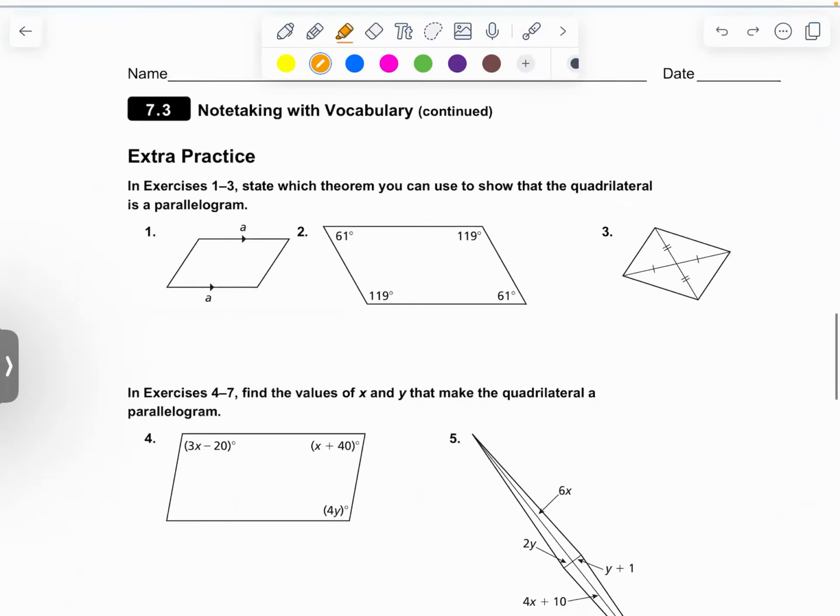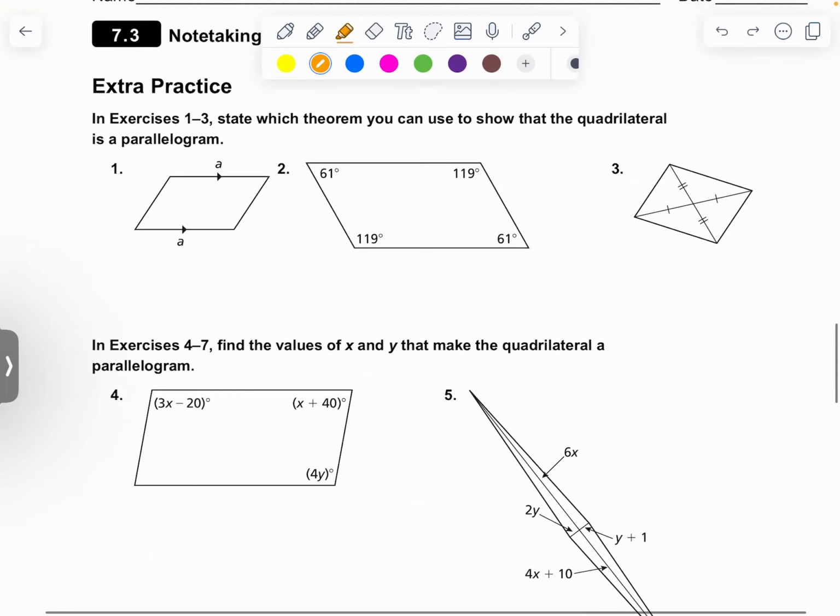Okay, so I want you to look at numbers 1, 2, and 3, and I want you to just talk with your elbow partner. Are these parallelograms, and how do you know? Ready, set, go. One is not a parallelogram.